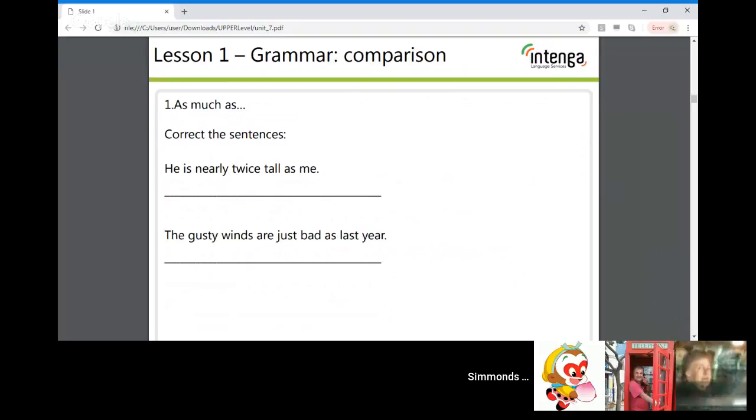Very good. And then we have this sentence. The gusty winds are just bad as last year. What's wrong with this sentence? Between just and bad. Need to add as. Very good. The gusty winds are just as bad as last year.